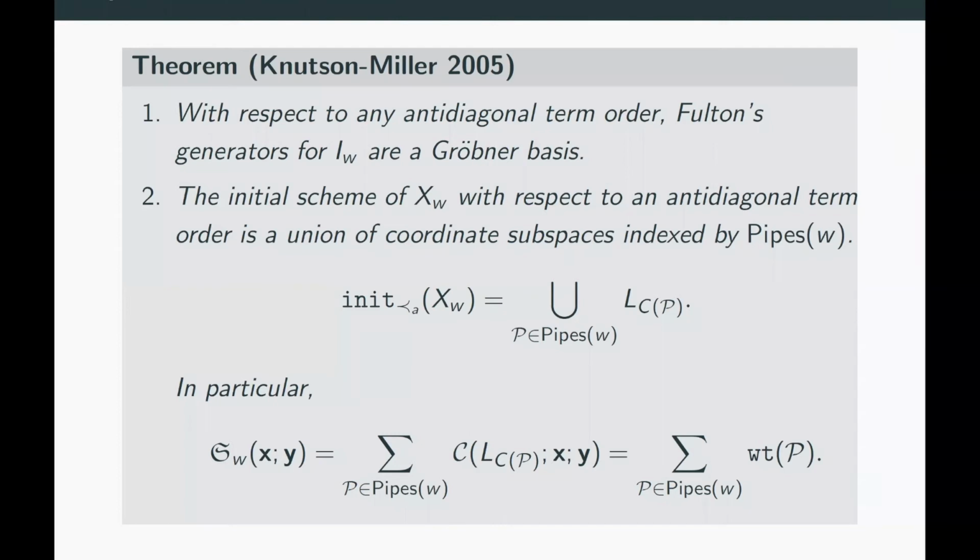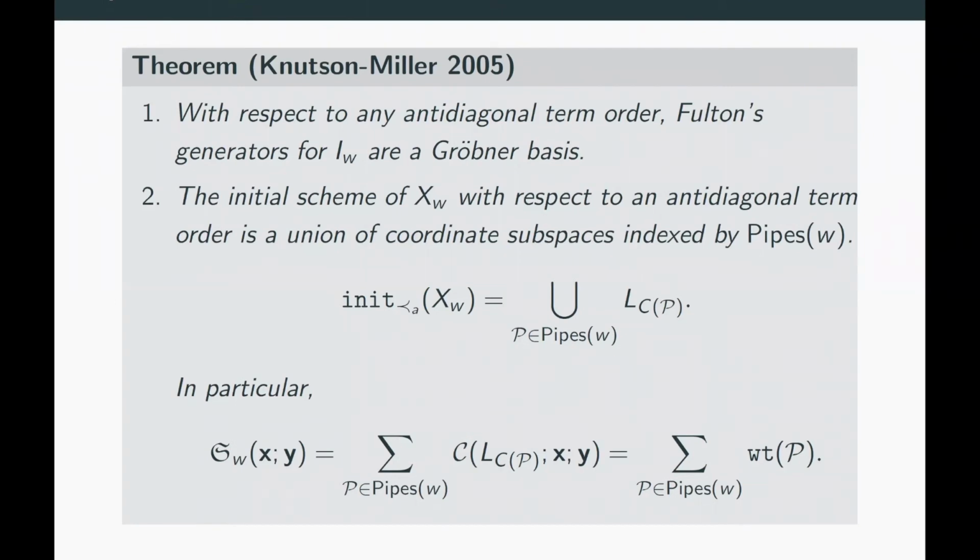And so you can take your matrix Schubert variety, degenerate, and you get this union of coordinate subspaces that are on the nose labeled by pipe dreams. And so this Gröbner geometry story also explains things like the positivity of the monomials in, say, the single Schubert. Yeah, I'm seeing a question.